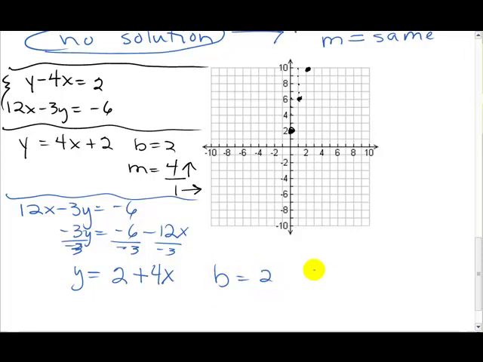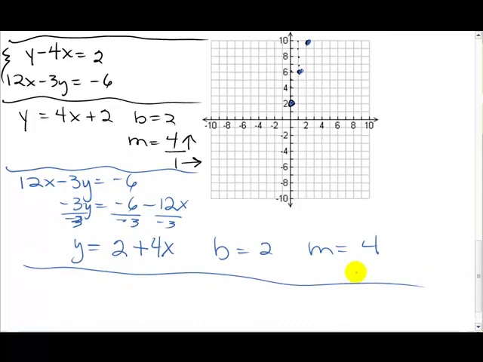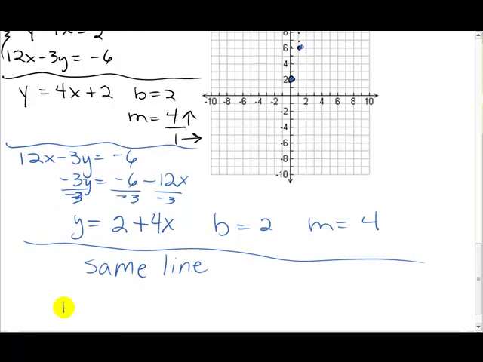B equals 2 and m equals 4. Well, that's the same as what I already have. So what that means, these are the same line. So every ordered pair on this line will make both equations true. And so that means this is an infinite number of solutions.